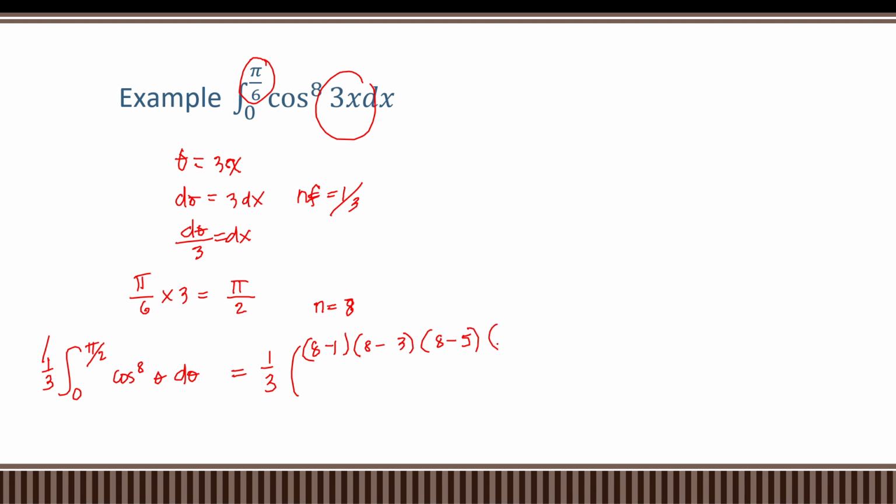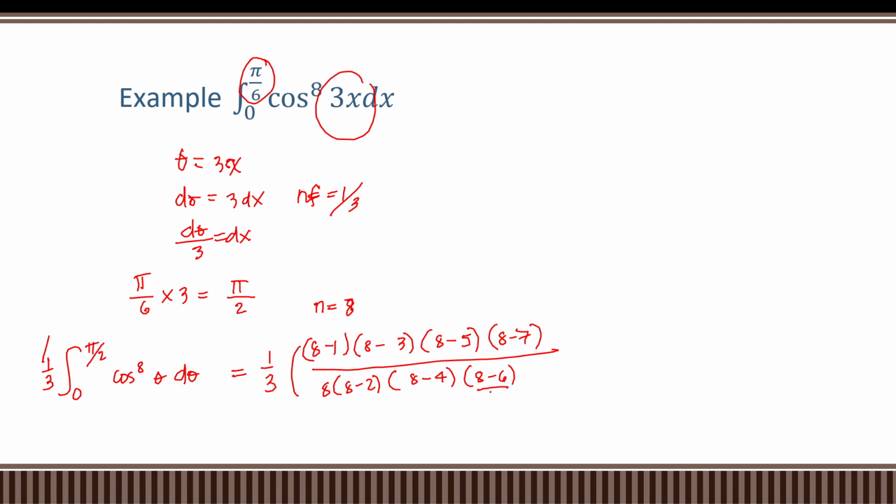Then times 8 minus 7, that is 1. Then the denominator is 8 times n minus 2, that's 8 minus 2, times 8 minus 4, times 8 minus 6. So therefore, we are going to have to take note of the 2 or 1.